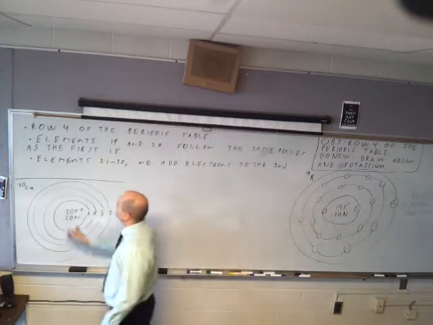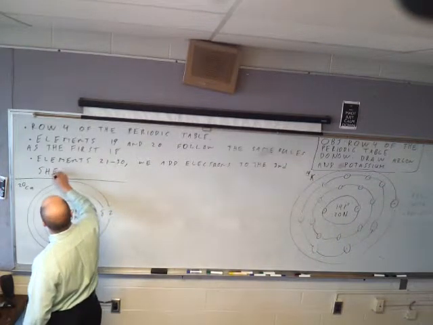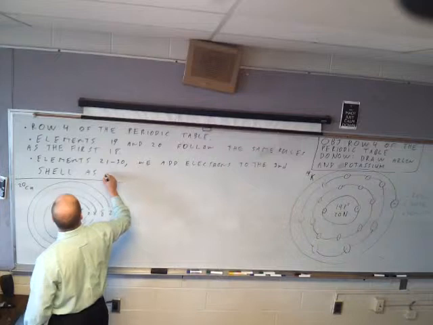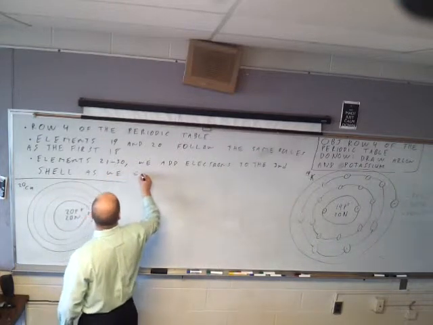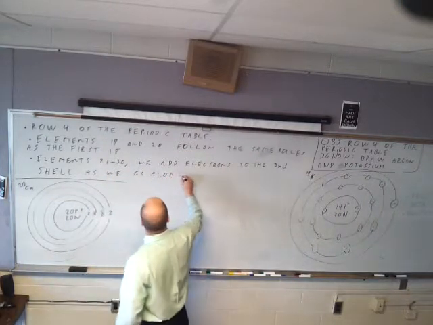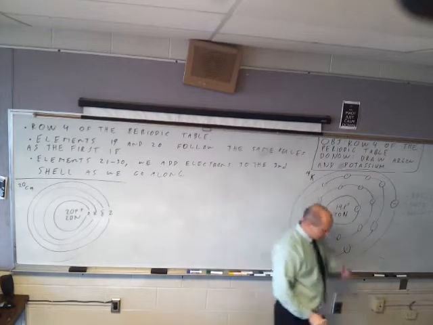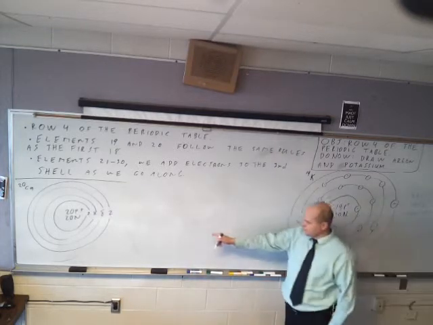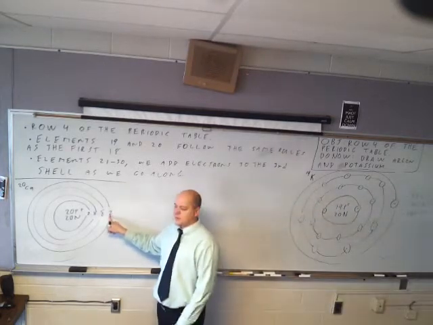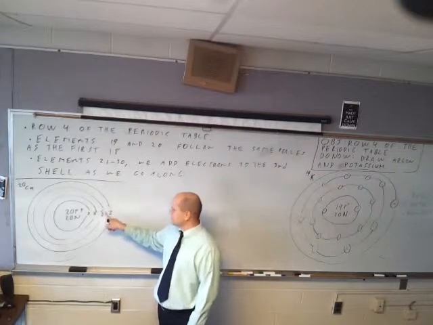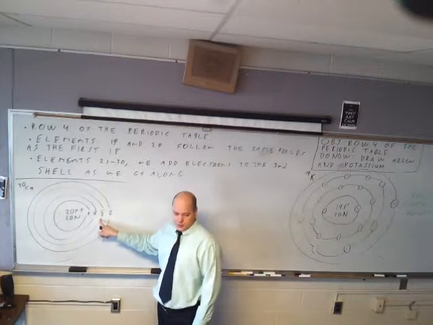Not the 4th, the third shell. So what's going to happen now is, after calcium, the next element's still going to have those 2 electrons in the 4th shell, but we're going to add to the 3rd shell.